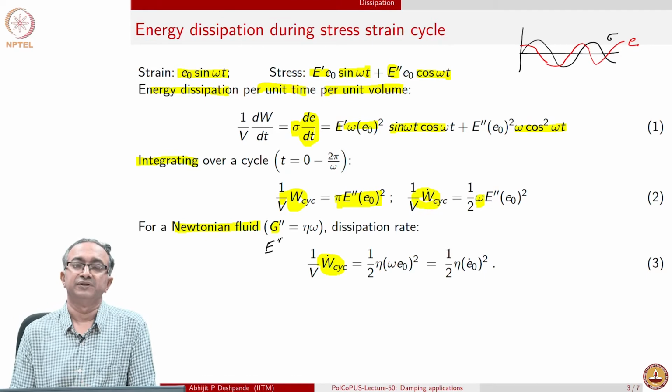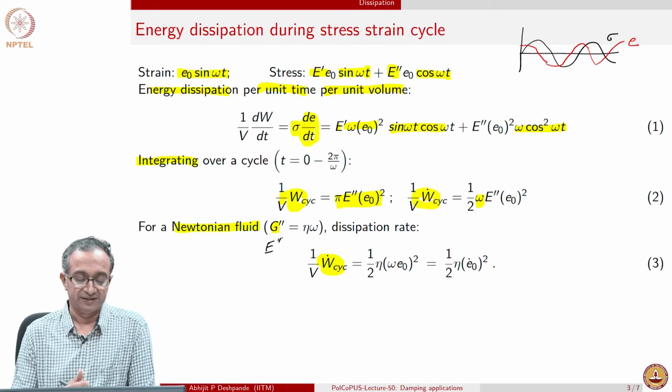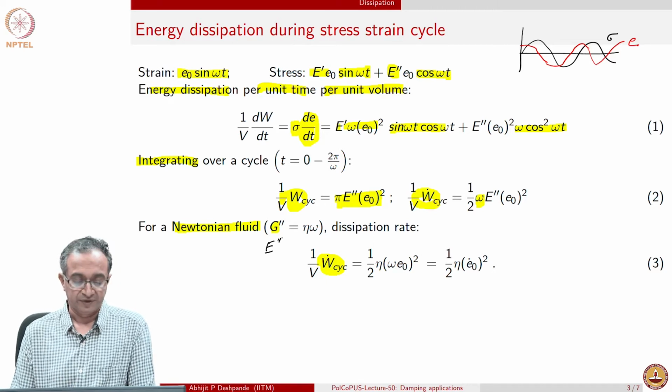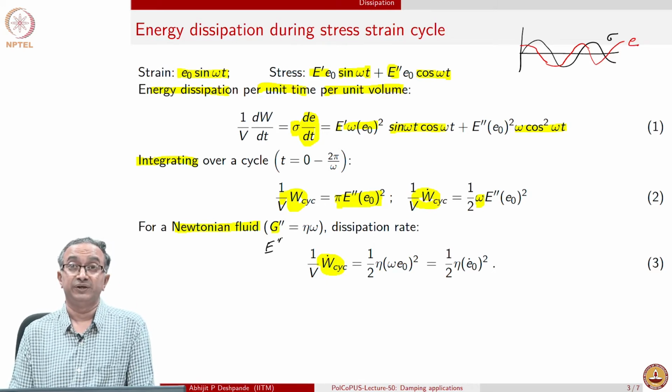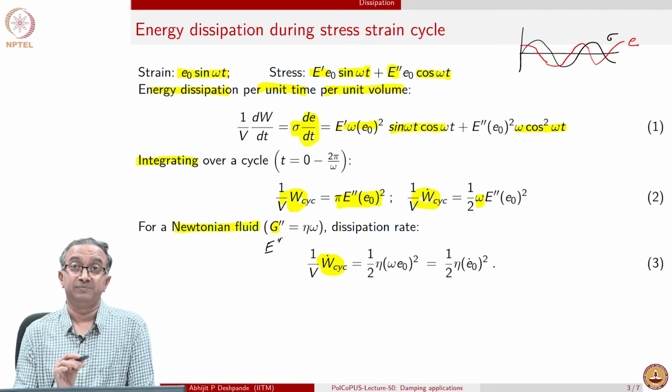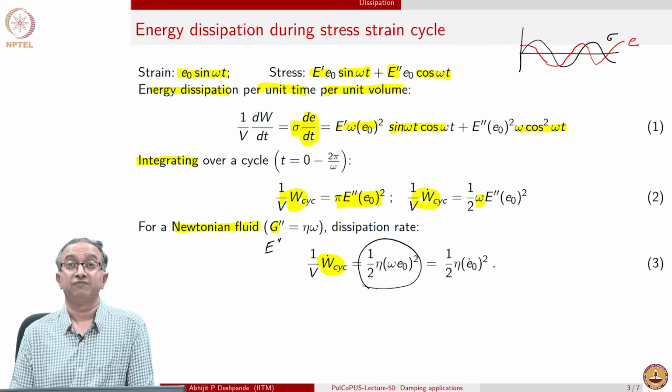But depending on what material is being tested in which mode, you can either have G double prime or E double prime. And so, for a Newtonian fluid, you can show that E double prime and G double prime are nothing but eta times omega. So, if you substitute it here, we get the expression for dissipation rate in Newtonian fluids.